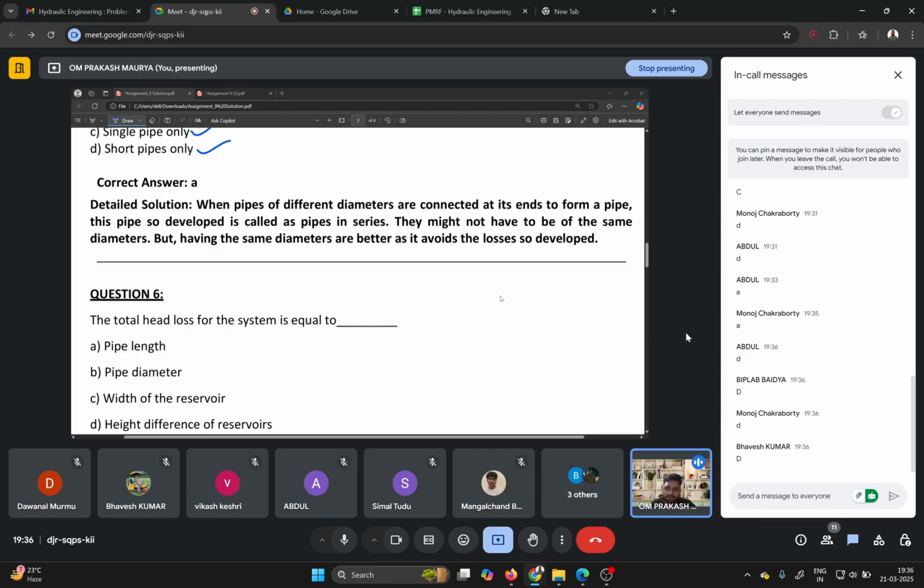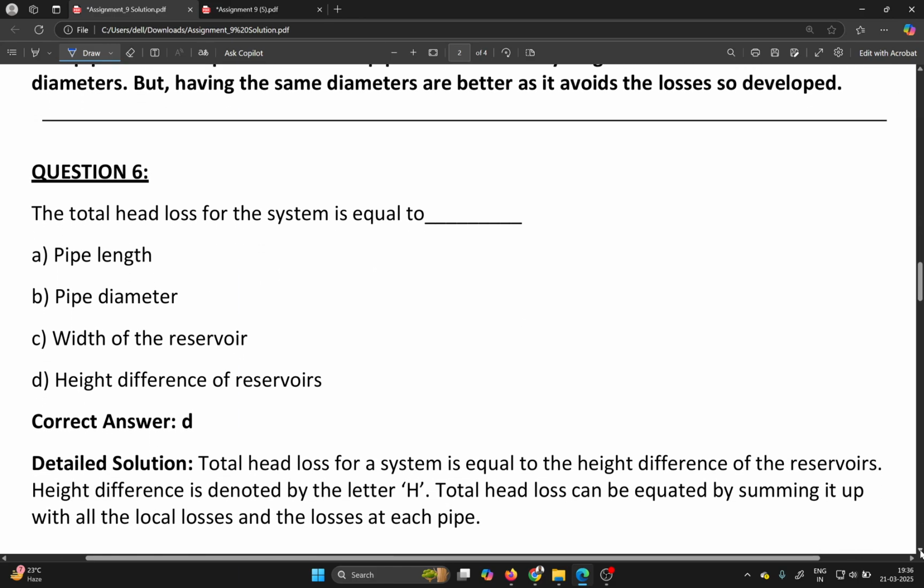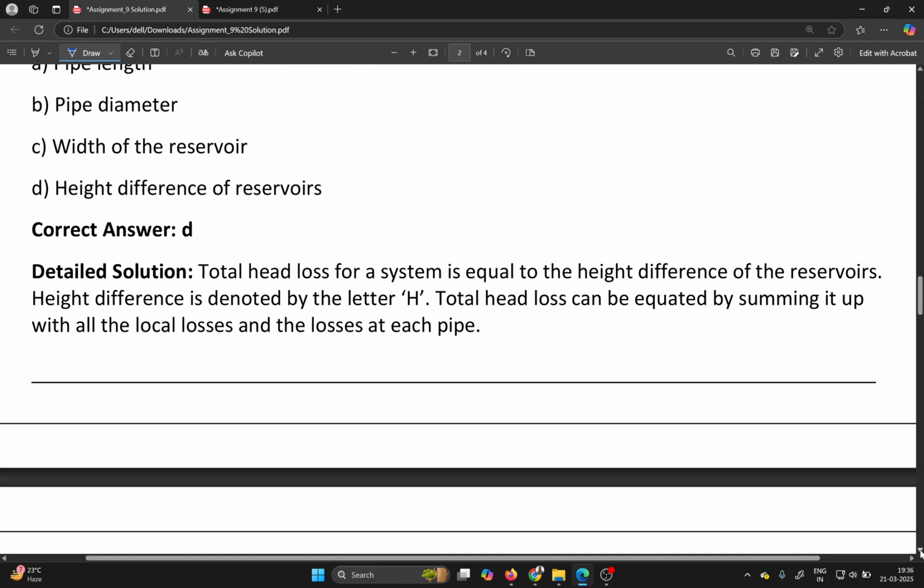Option D, everyone is telling D, the height difference of the reservoir. Yes, you all are correct. For question number 6, option D will be correct. Now we'll move on to the next question.